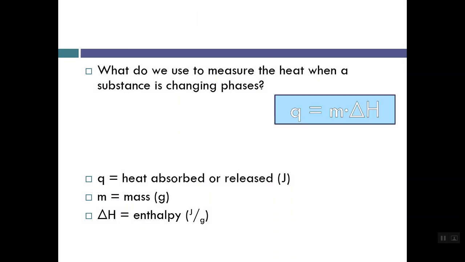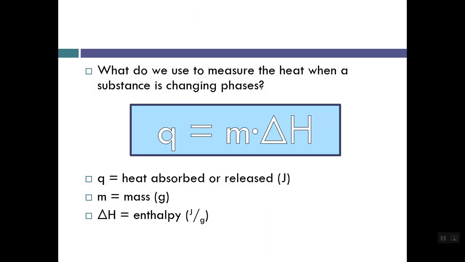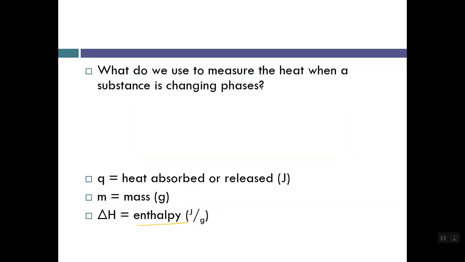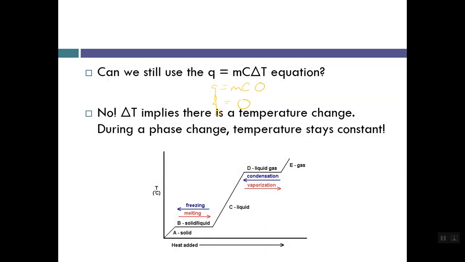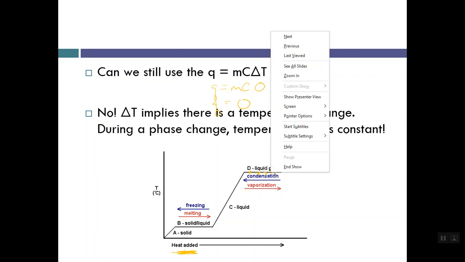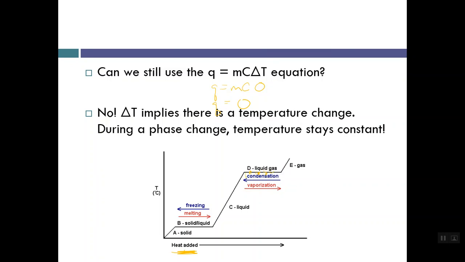And here we go. We have something else we're going to learn about, a new word, enthalpy. That is the change in energy, because if we go back to our graph, the temperature is not changing, but the heat added, the amount of energy that I've added, is changing, from here to here, and from here to here.